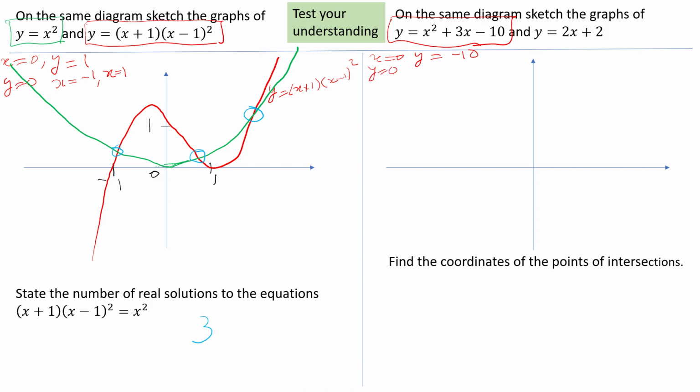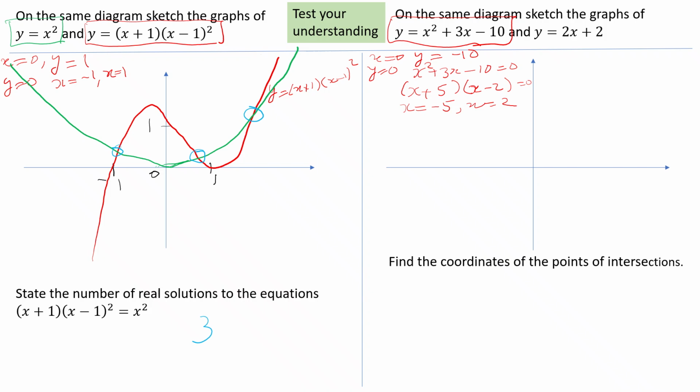Then y equals 0. So we need to factorize this one. x squared plus 3x minus 10 equals 0. If you multiply to negative 10 and add to positive 3, so plus 5 and negative 2. 5 times 2 is 10. So x equals minus 5 and x equals 2.